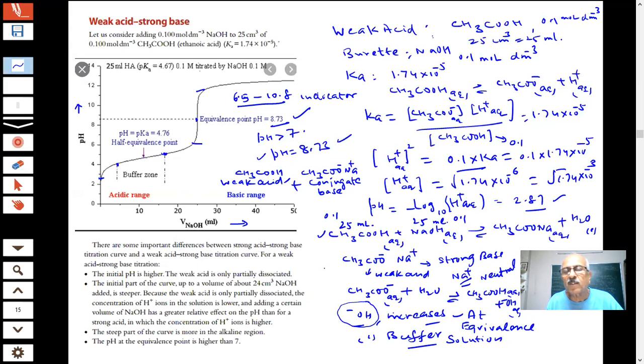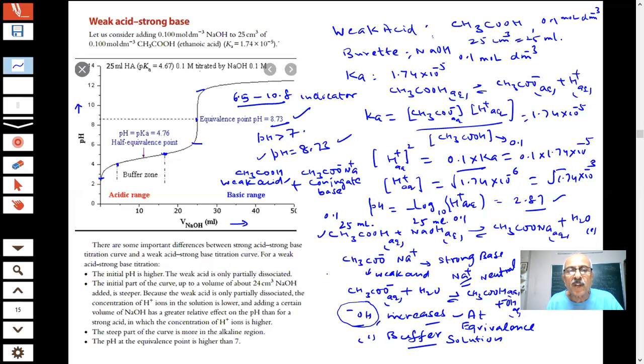So there is a difference between the titration curve of a strong acid with a strong base, and a weak acid with a strong base. If we compare, what are the important points? First, for a strong acid, the initial pH is lower. For a weak acid, the initial pH is slightly higher. Then, strong acid is completely ionized, weak acid is partially ionized.